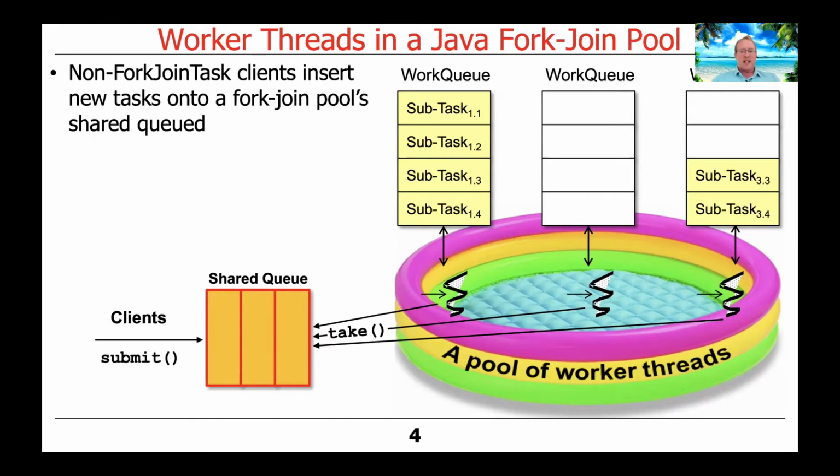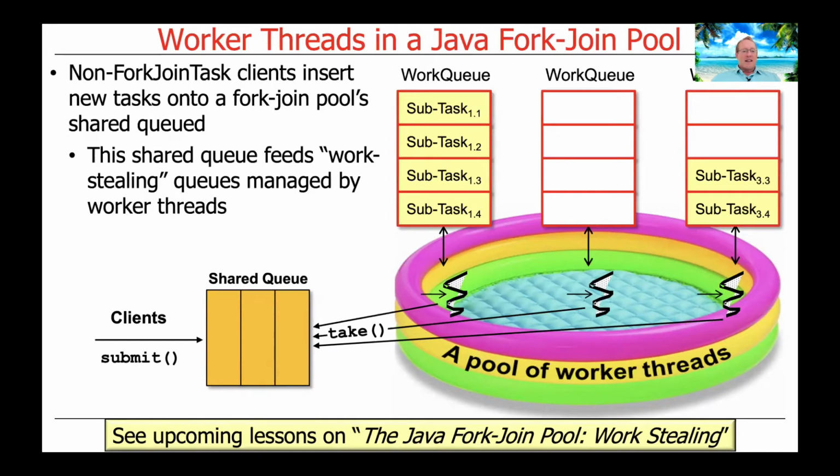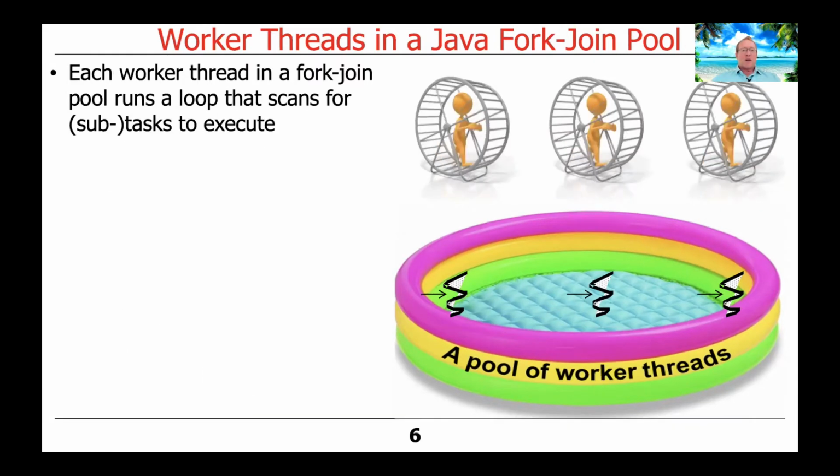For example, a client could come along and call submit or execute or invoke and put a fork join task into the queue. And this shared queue is used to feed the so-called work stealing queues, or DEQs more specifically, that are managed by the worker threads in the common fork join pool. We'll talk momentarily about what these cool work stealing DEQs and queues do. But for right now, let's just focus on the threads.